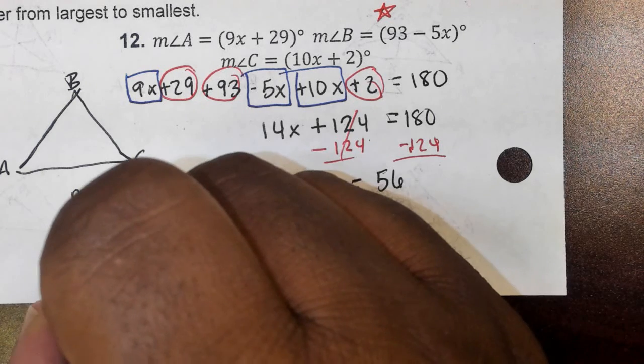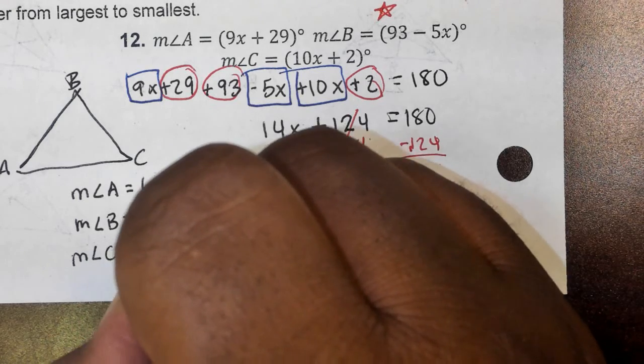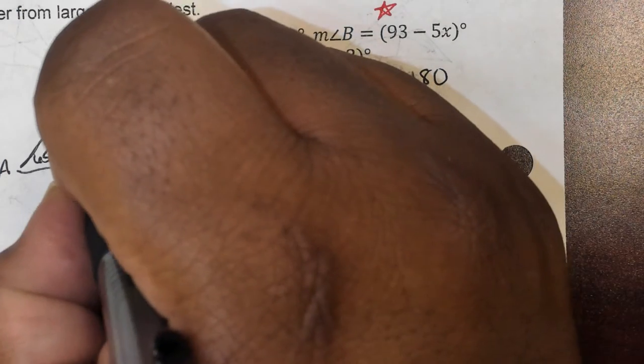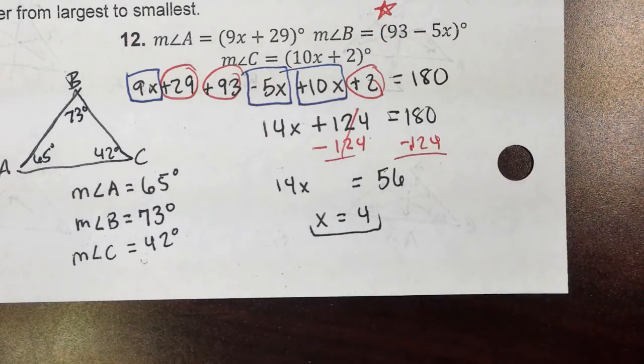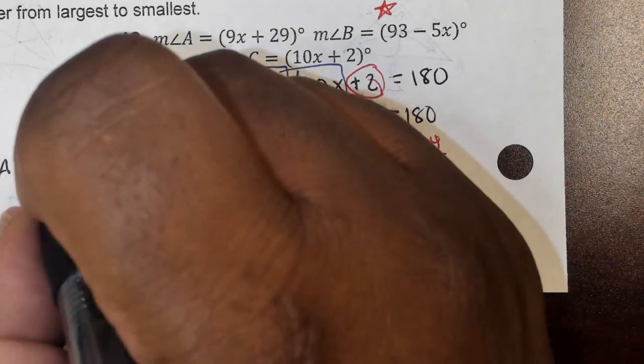And the last one is 42. So those are your 3 angles. You can put them in if you want. A is 65, B is at 73 degrees, and C is at 42 degrees. And then I'm just finding what they say, largest to smallest, right?